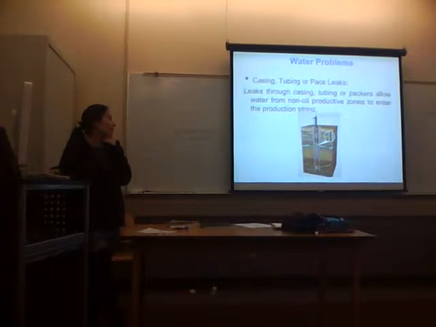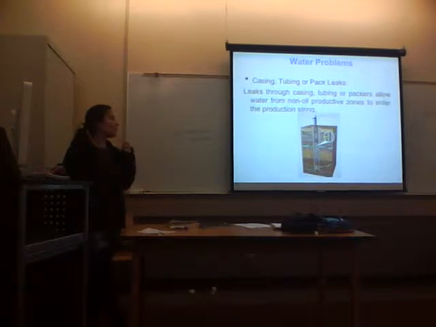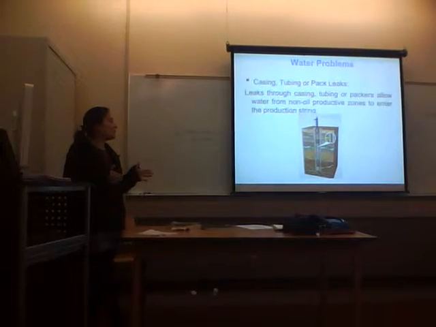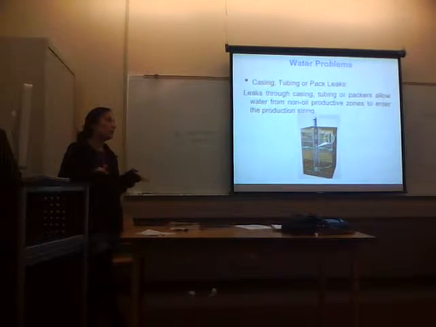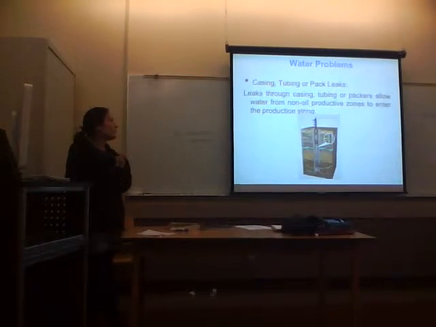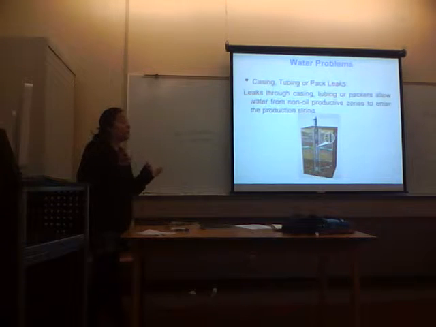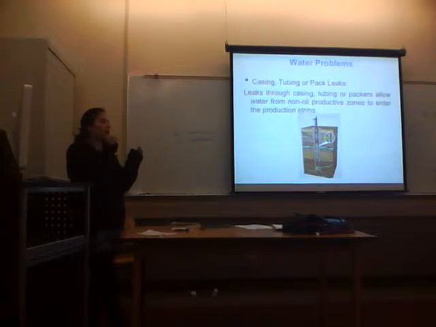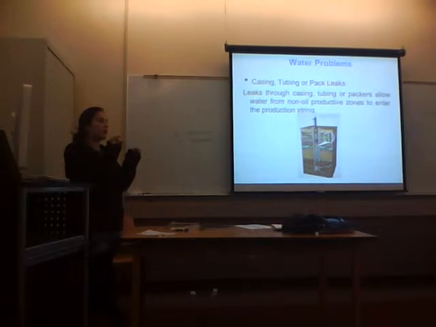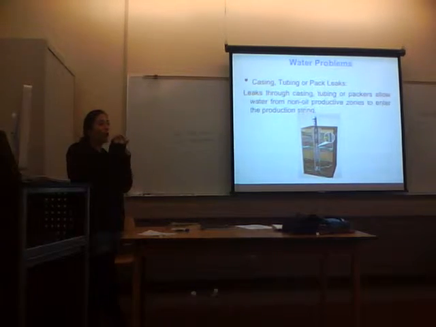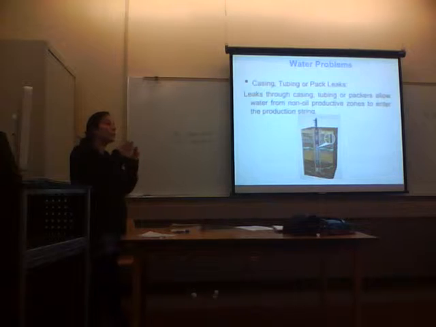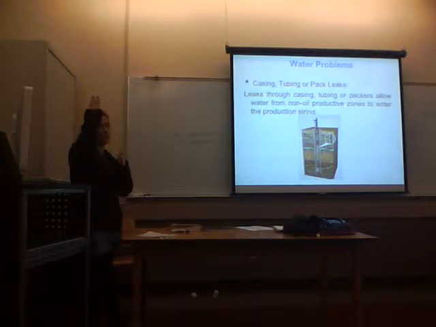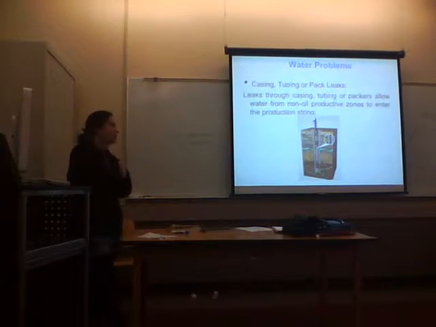Okay, even if the well is going through different productive zones, with the completion of the well, they make small holes where the oil goes through the tubing and goes upstairs to be extracted and processed.